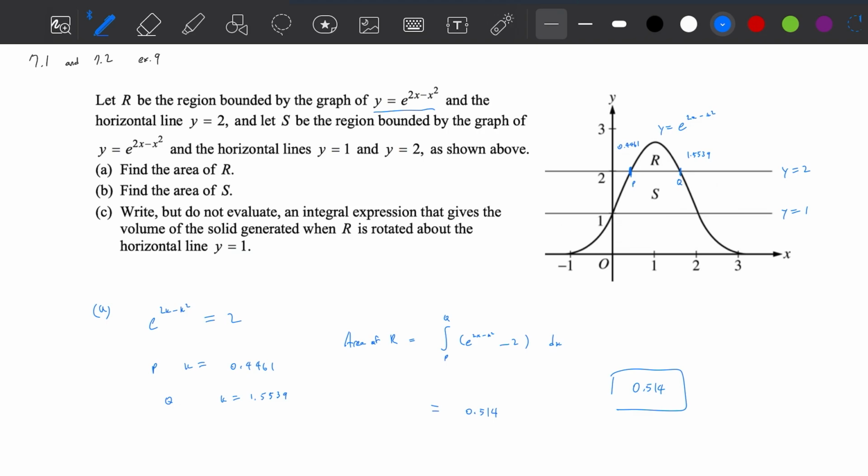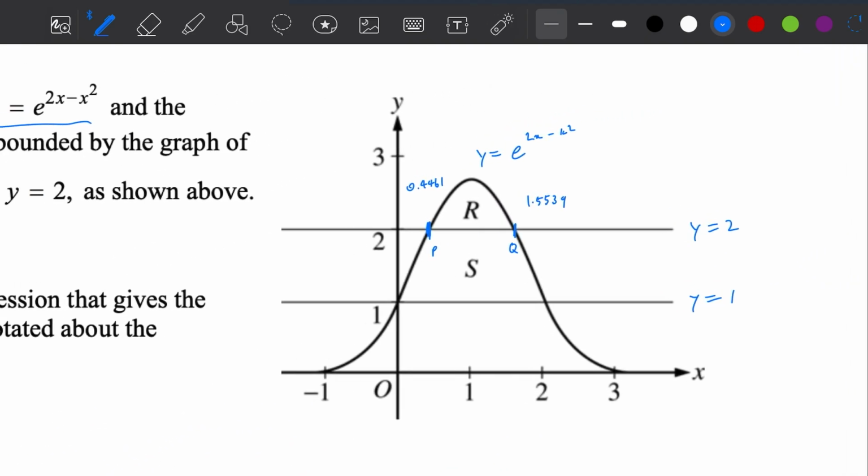Although finding the area of S might seem tricky at first, the key is to recognize that S is a part of a larger, easier to define area. If we see right here, S is part of the integral that includes R and S. So an easier way to solve this would be finding the area of the whole region and subtracting R, since we have found the area for R already.